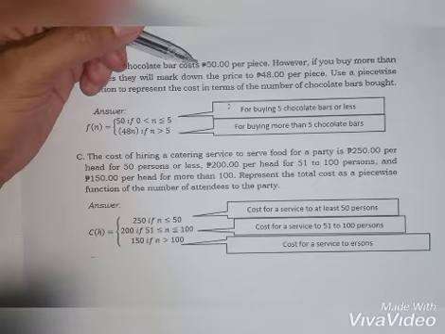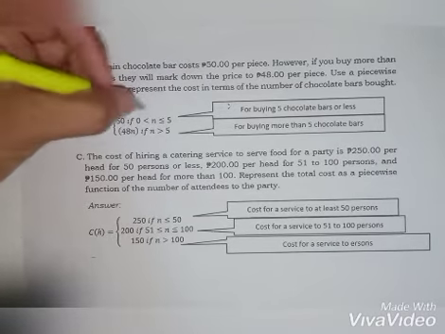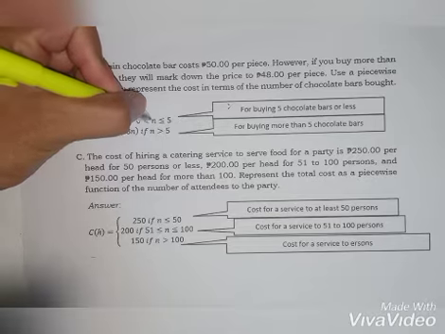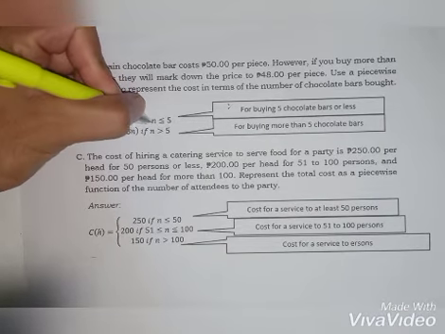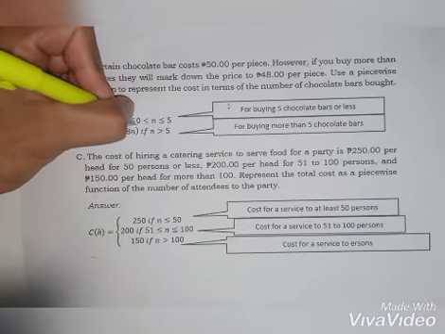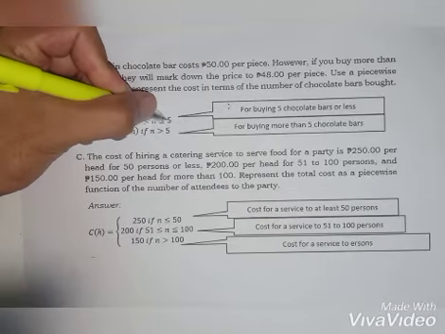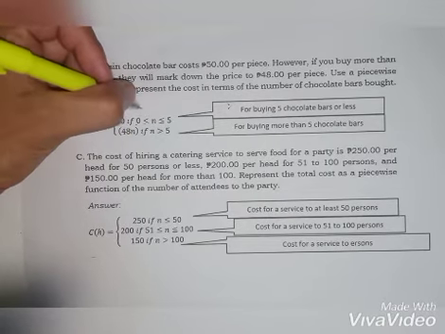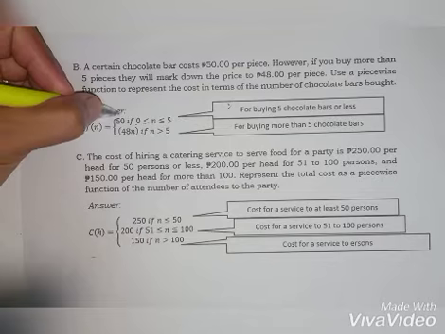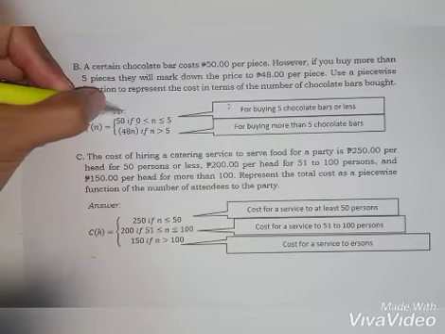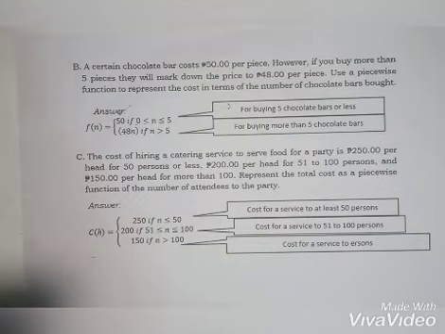So you have 1, 2, 3, 4, 5. So in here we have n is greater than 0 but less than or equal to 5. So what is the cost? F(n) is equal to 50.